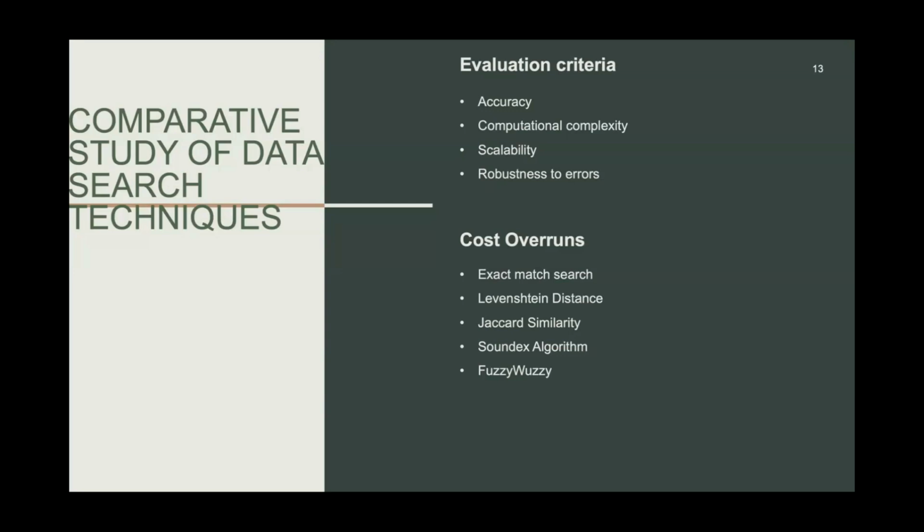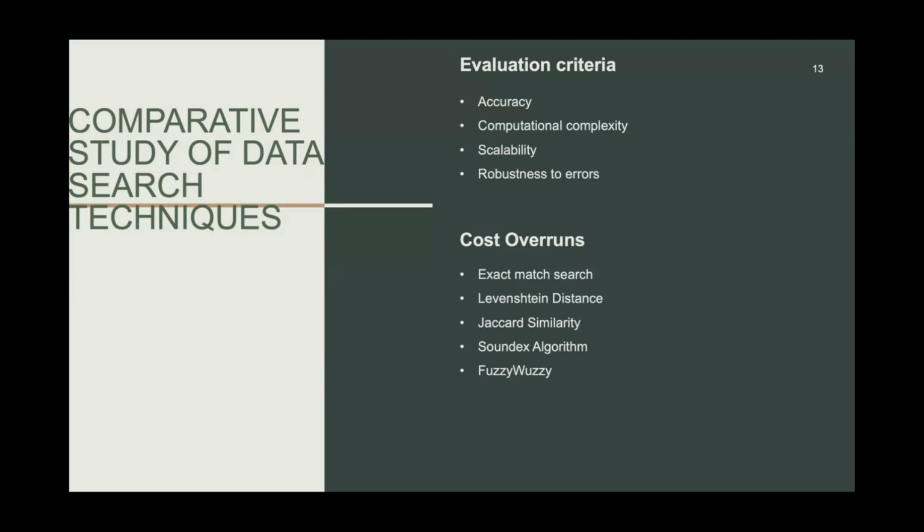Jaccard is effective for token-based similarity, but it's less precise, so it did not yield very good results. But it has linear complexity for medium-sized data sets, and it is very well scalable. Soundex captured phonetic similarities, but may miss non-phonetic errors, limiting its accuracy. It is very efficient and highly scalable, and very suitable for large data sets. It is moderately robust to errors, but not very good with typographical errors.